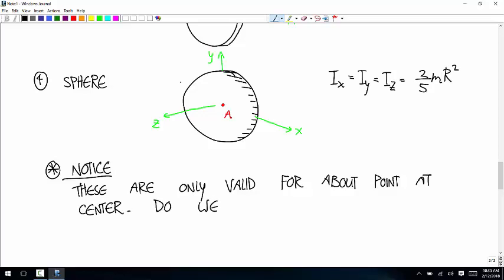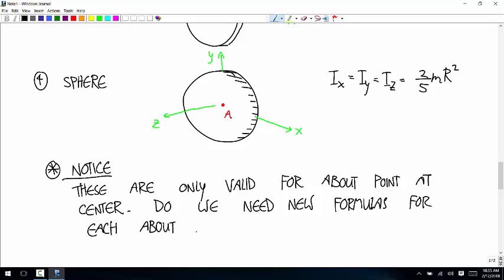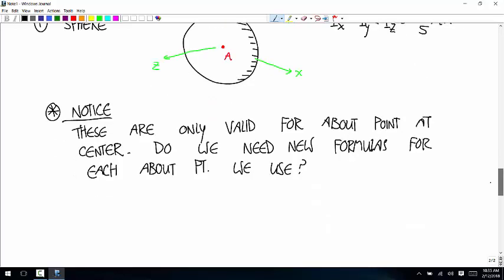We need new formulas anytime we want to rotate one of these about a different point. Like what if there was a fixed point that wasn't at the center? So do we need new formulas for each about point we use? That would be bad, but it turns out we don't.